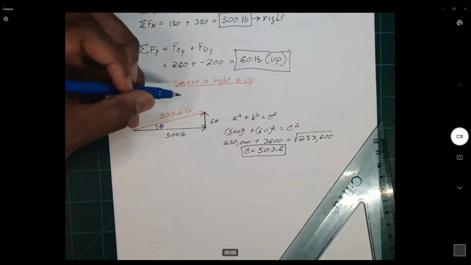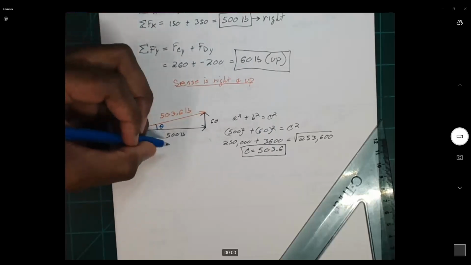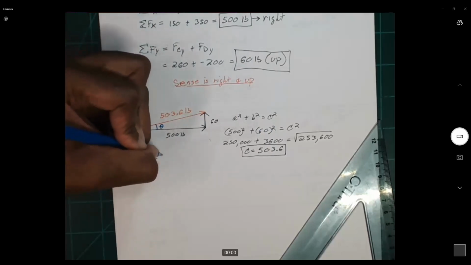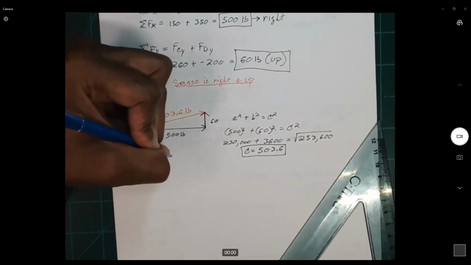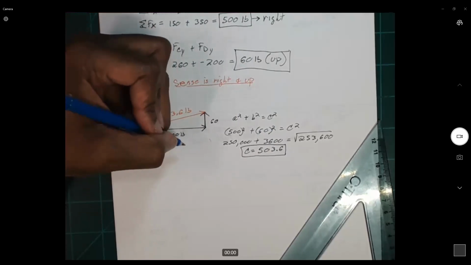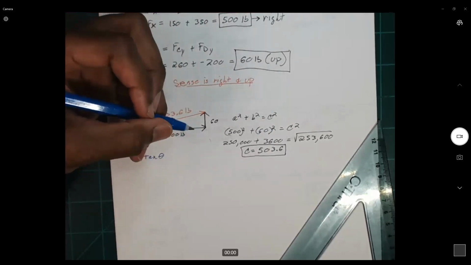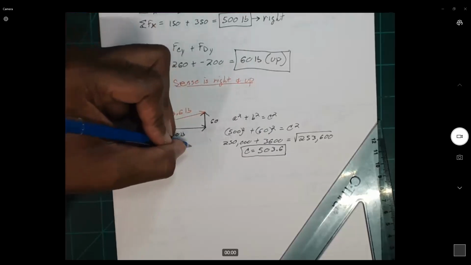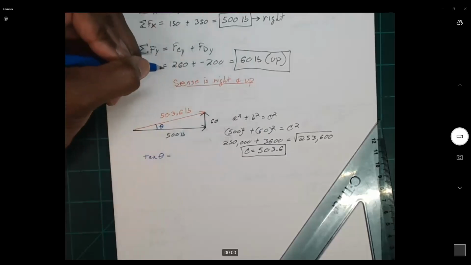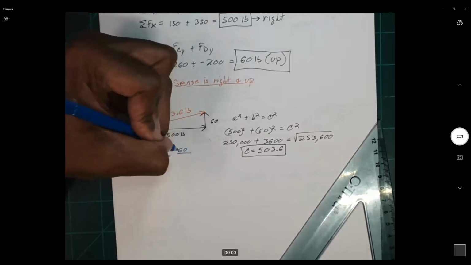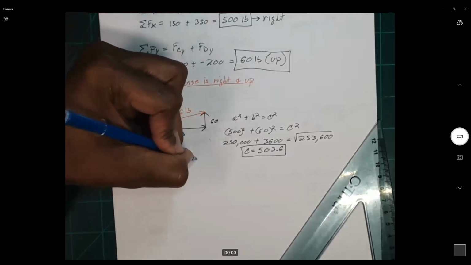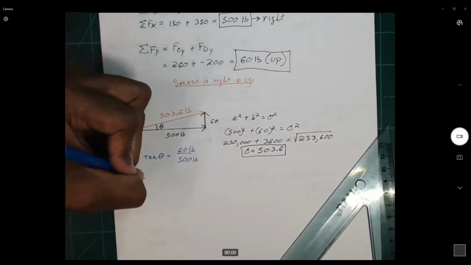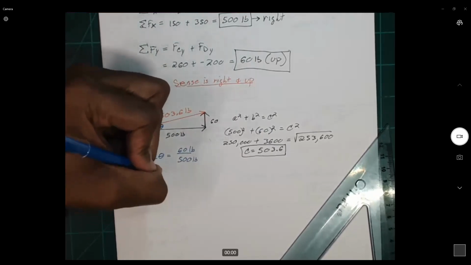All right, so the way we can find the angle is that we can use our tangent trig formula, which is tangent theta, which is opposite over adjacent, which is 60 over 500 pounds. And we're going to actually use the reverse tangent since we're looking for our angle.